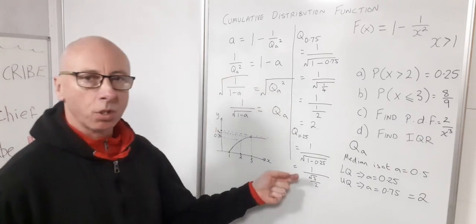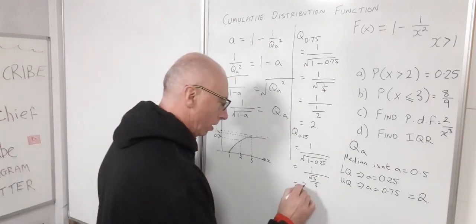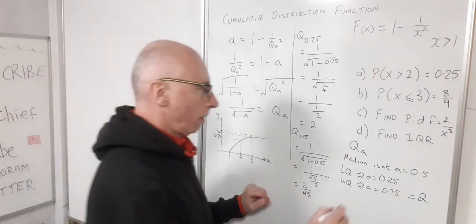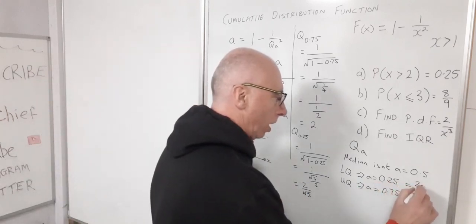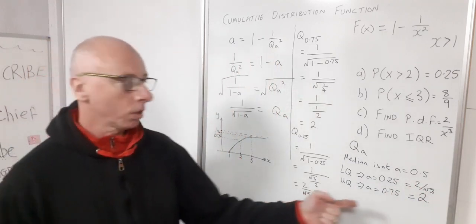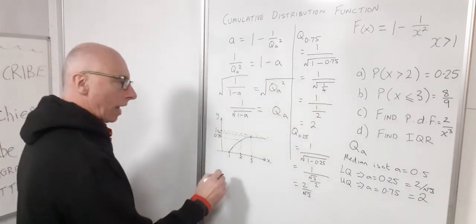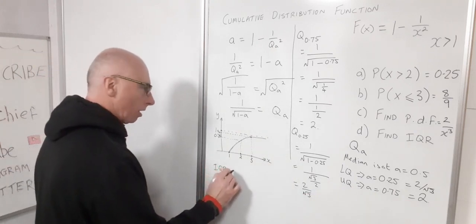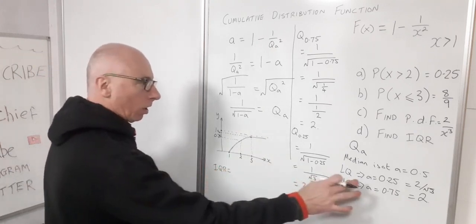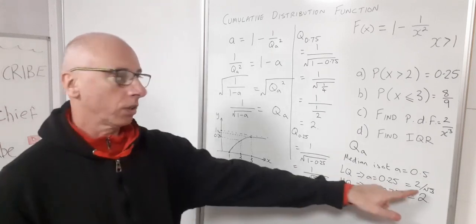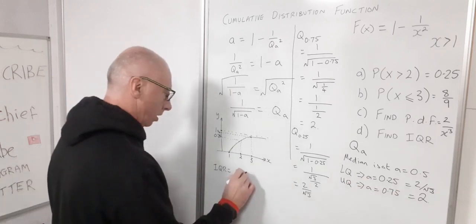Which then just gives me 2 over the square root of 3. So that's what my lower quartile value will be. 2 over the square root of 3. So all I need to do now is subtract. So now I've got my interquartile range is my upper quartile, which is 2, and then subtract 2 over the square root of 3.